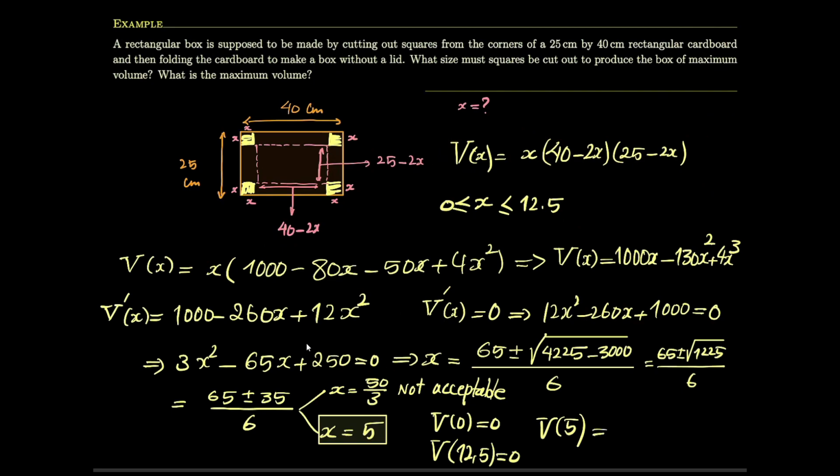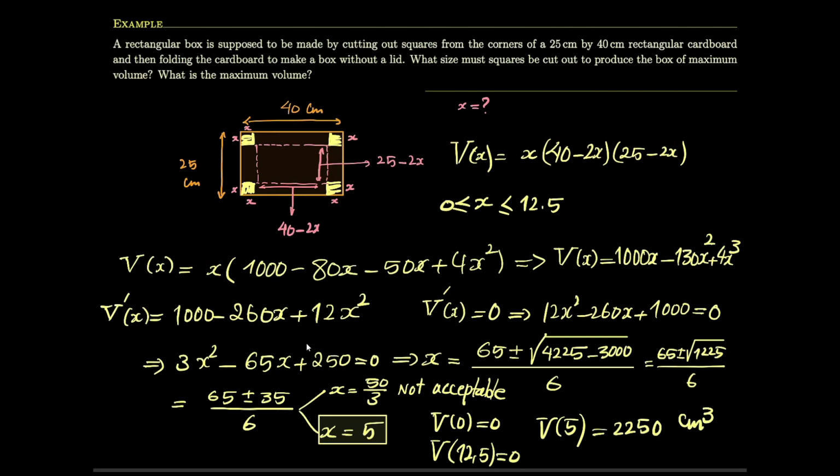But if I calculate v of 5, this becomes 30, this becomes what? 15, yes? And then if I multiply that, it becomes 2,250, yes? 2,250 and then cubic centimeter.